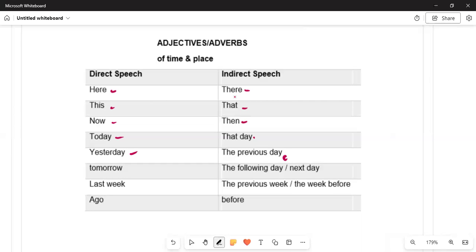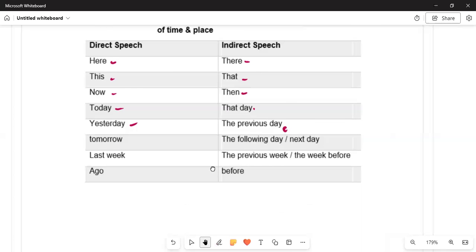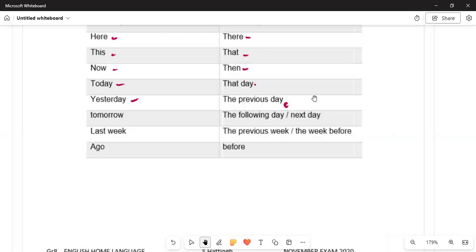In the indirect, the previous week was a disaster. And then the other aspect: that happened a long time ago. And then indirect speech: it happened before a time. So these are the typical examples of direct and indirect speech.